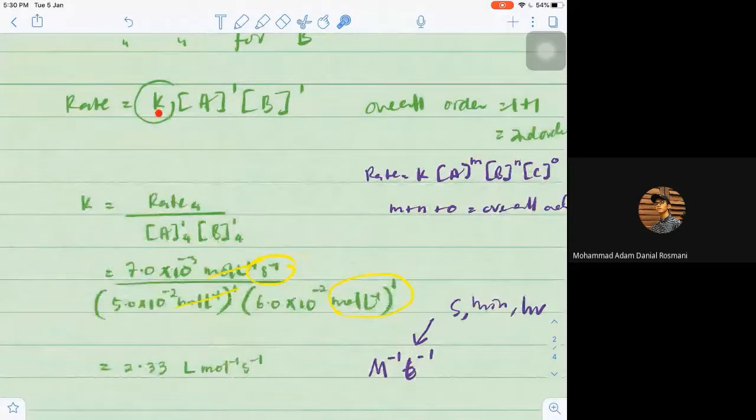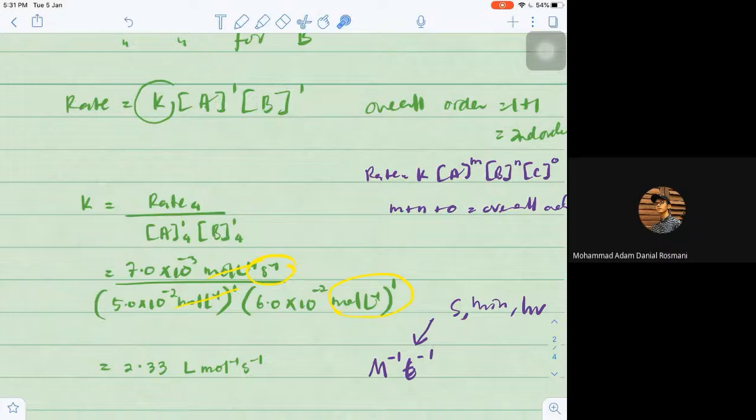The K value will be the same if the concentration changes, but if the temperature changes, the K value will change as well. So we have to make sure the temperature of all the experiments is constant. If it happens at 27 degrees C, experiments 1, 2, 3 and 4 must all occur at 27 degrees C.